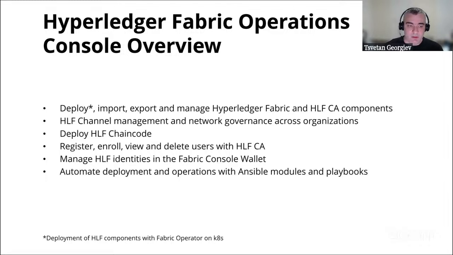Of course, you can also deploy Hyperledger Fabric chaincode. As I hope you already know, there are two flows of chaincode deployment, V1 and V2, and the console can support both of those.